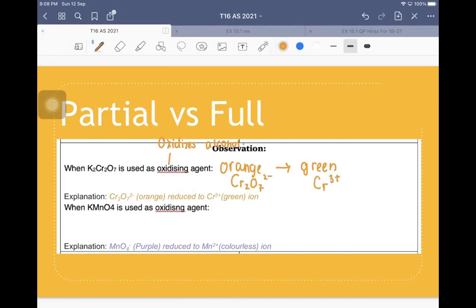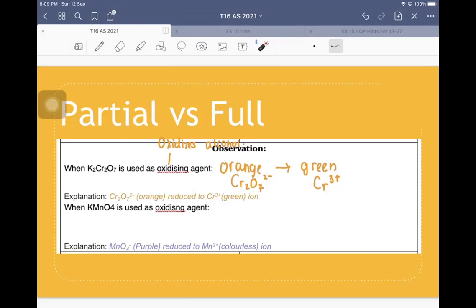This is called the dichromate ion. That is the species that is responsible for the orange color, and it is the chromium in the dichromate ion. The green color is due to the presence of chromium 3+. So this observation is actually useful to be used as a test.